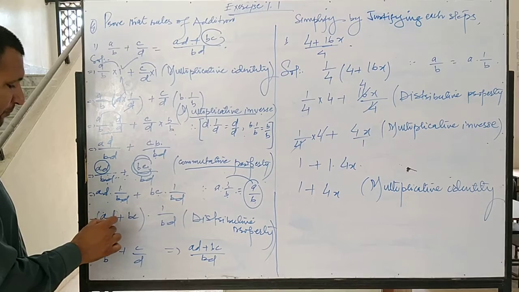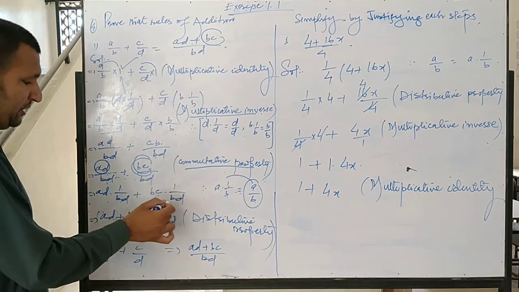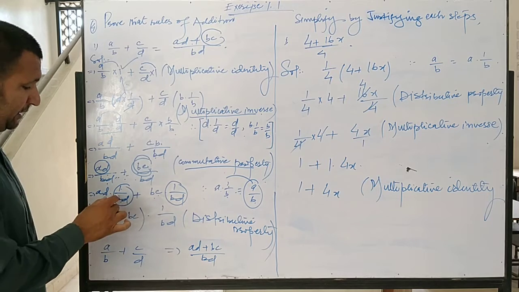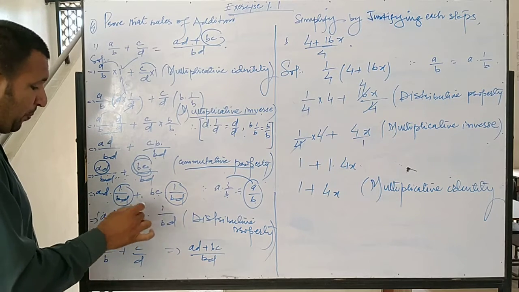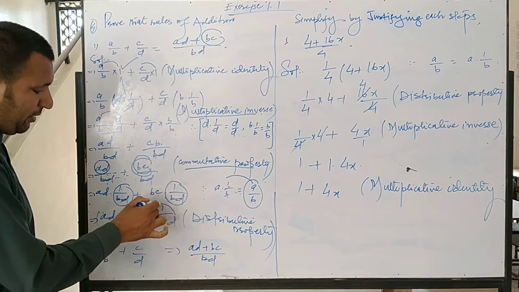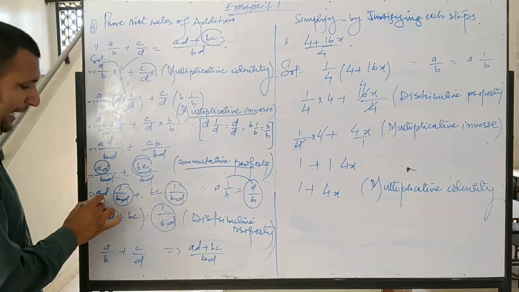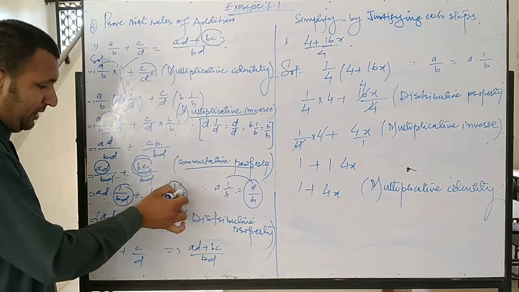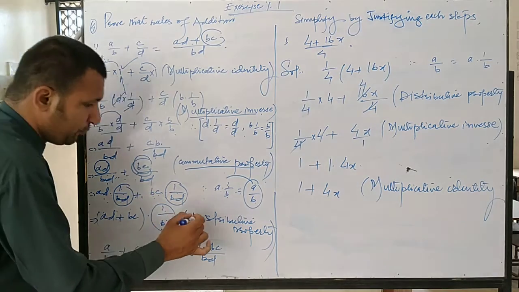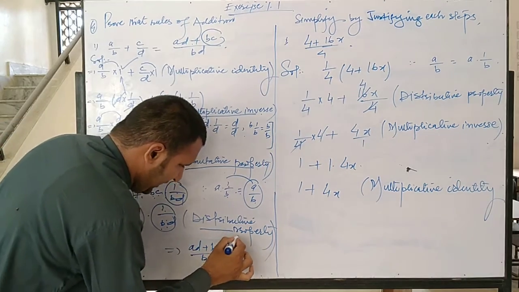Means ad plus bc is the same value multiplied with each value, because ad plus bc multiply 1 upon bd. Means we have taken a common 1 upon bd. Means we have applied the distributive property.